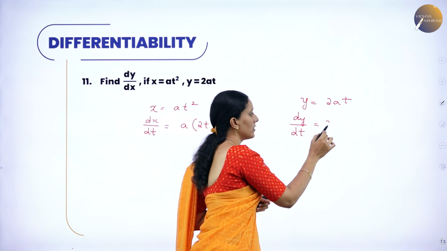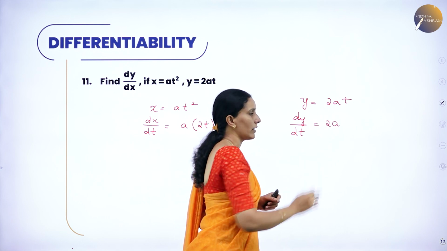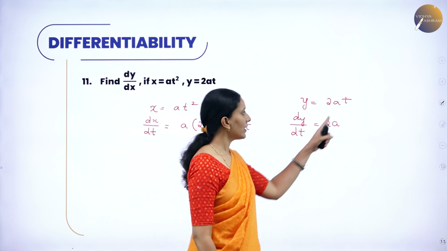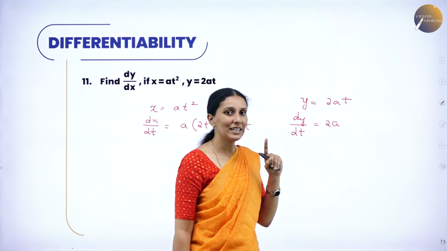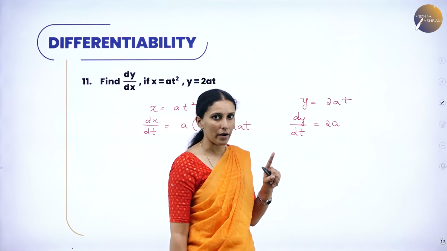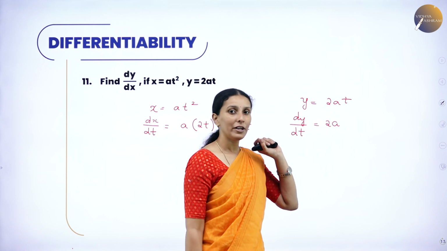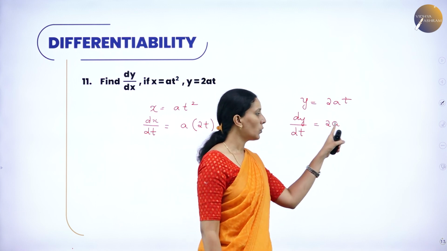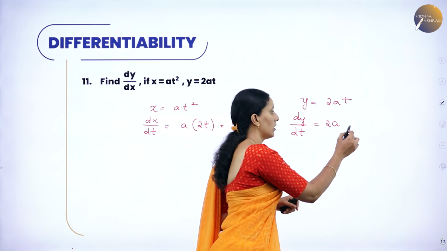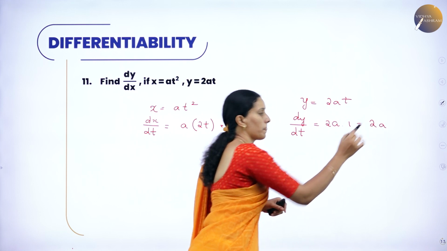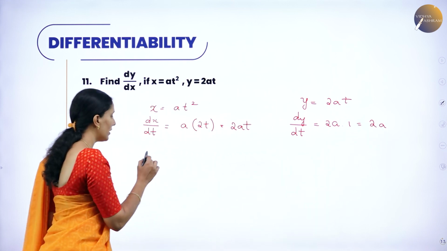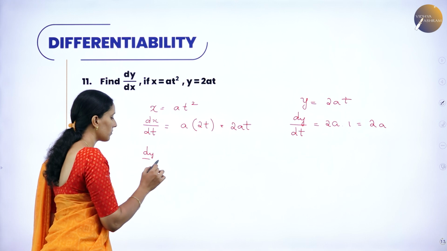So 2 is a constant, a is a constant. Therefore t is the variable we take. What is the derivative of t? It is 1. So 2a into 1, which becomes 2a. Now we will find out dy by dx.